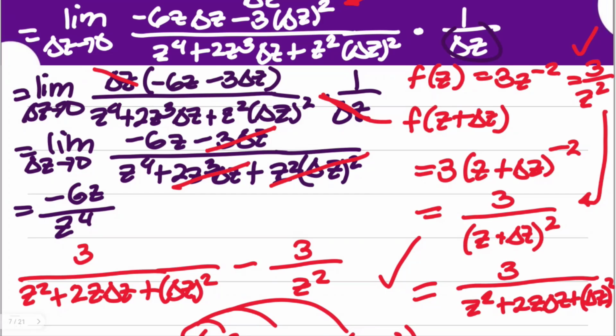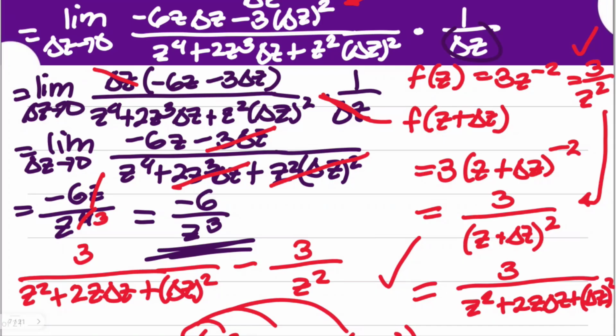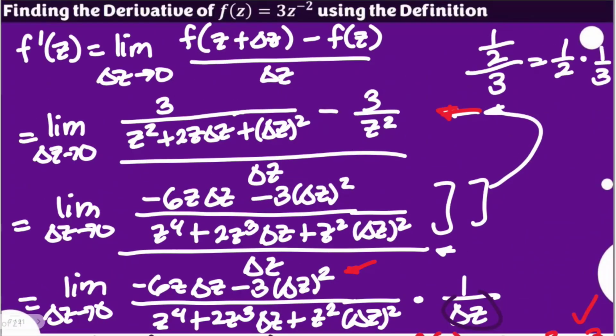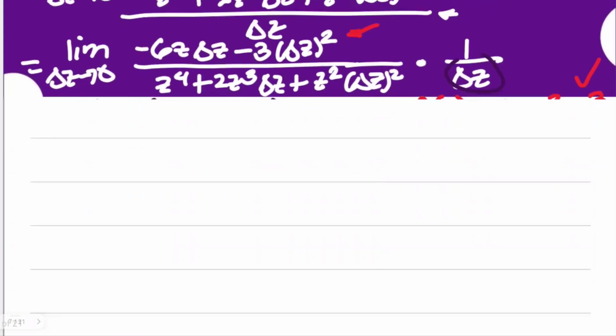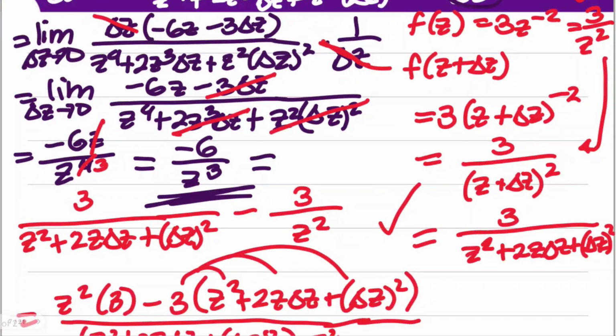Since we have z, we can cancel the z here. So this is a 3. What remains is simply negative 6 over z cubed. This is now, finally, the derivative of the given function. Or if you would like to write it in a similar way, you can move the z cubed up. You have negative 6 z to the power of negative 3.